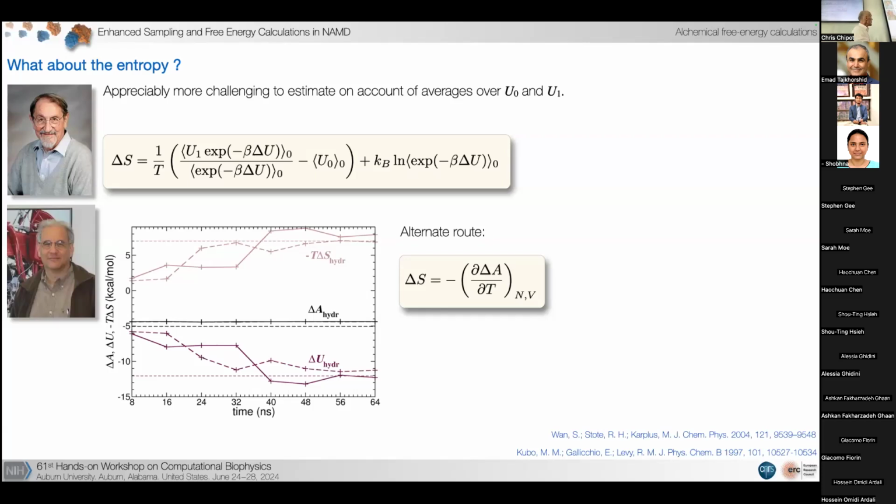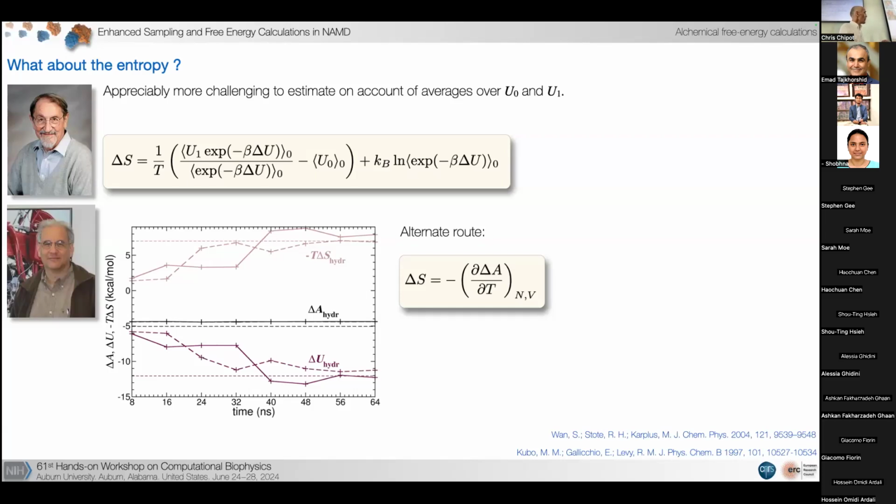Okay, so this alternate route, this identity, is the derivative of the free energy with respect to temperature at constant number of particles and volume. We're going to think of that in terms of finite differences.